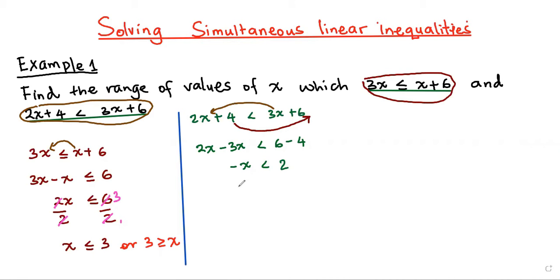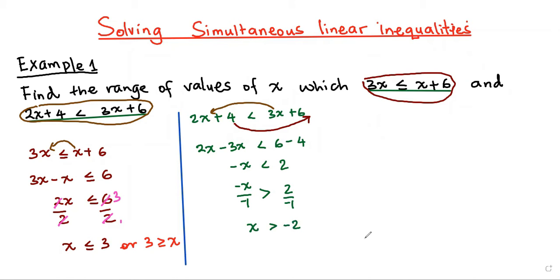Now, we get minus x divided by minus 1. And because we are dividing by minus 1 on both sides, this sign will reverse. It is less than, now it will be more than. So it means that x is more than -2.